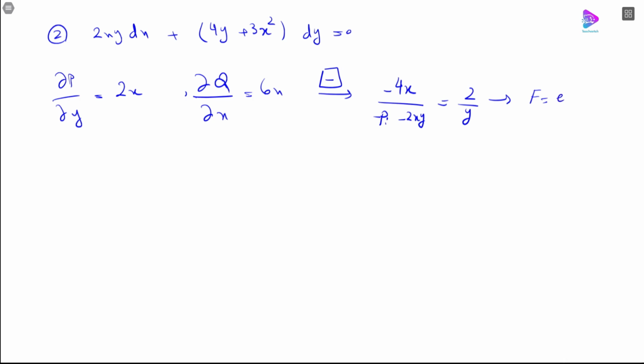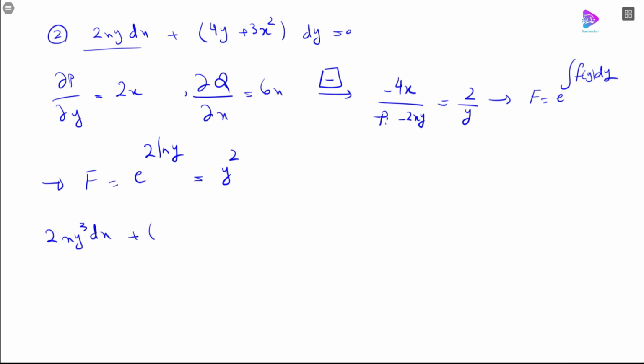Therefore f is equal to e to the power of the integral of f(y) dy, correct? So from here we can say f is equal to e to the power of 2 ln y, or y squared. And then if we multiply this by the equation we have up top, we end up with 2xy cubed dx plus (4y cubed plus 3x squared y squared) dy equal to 0.